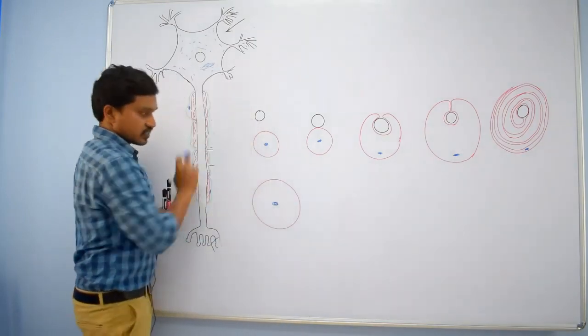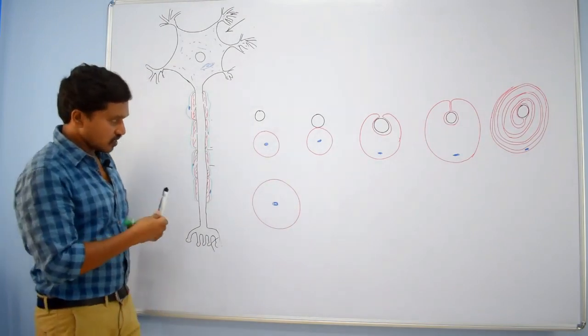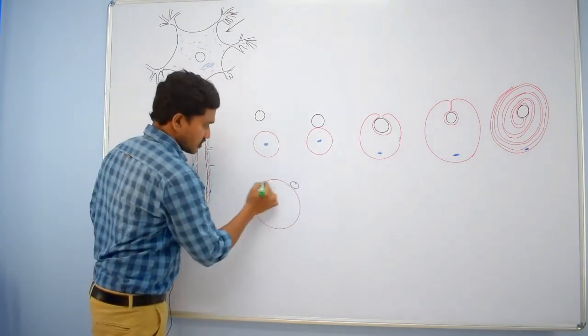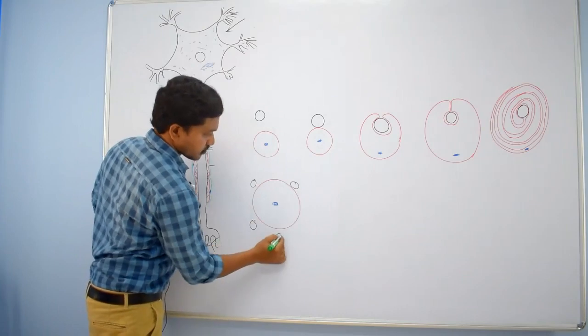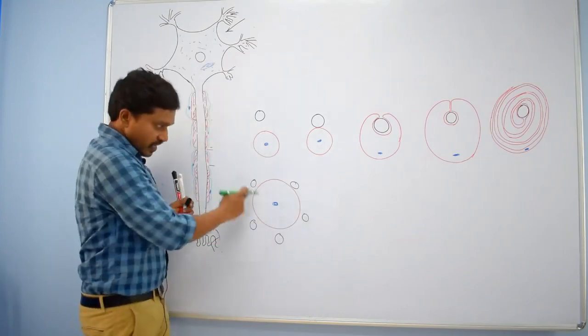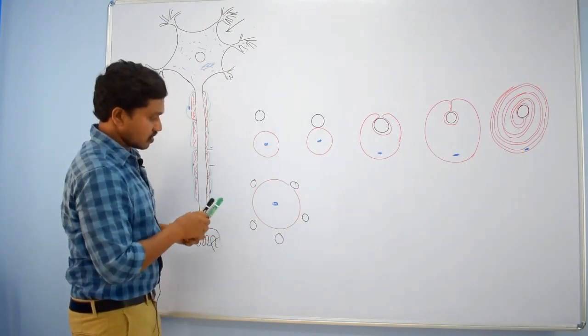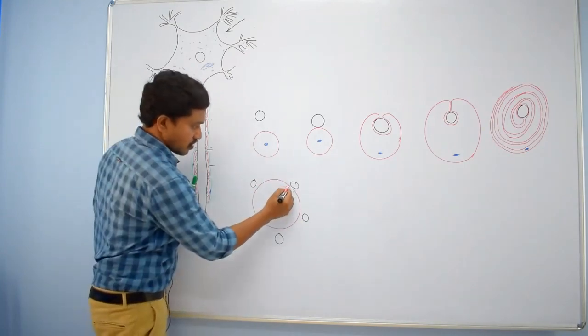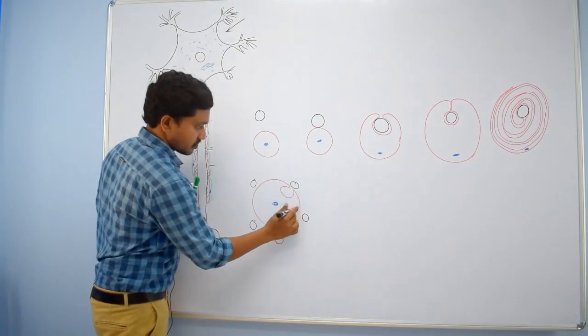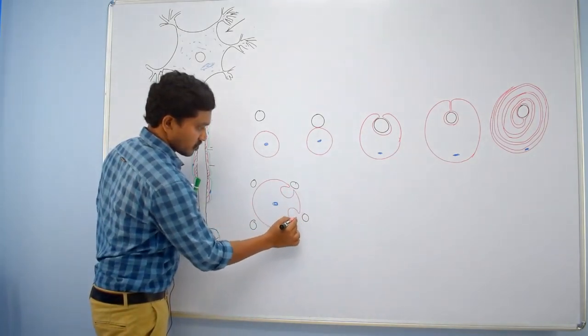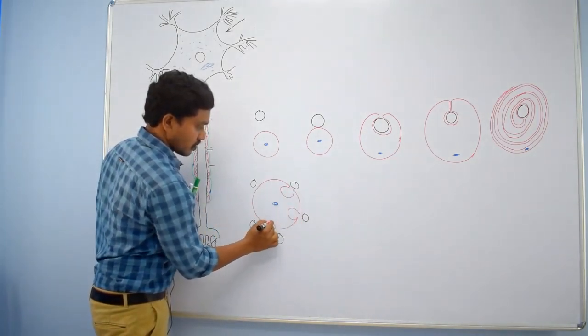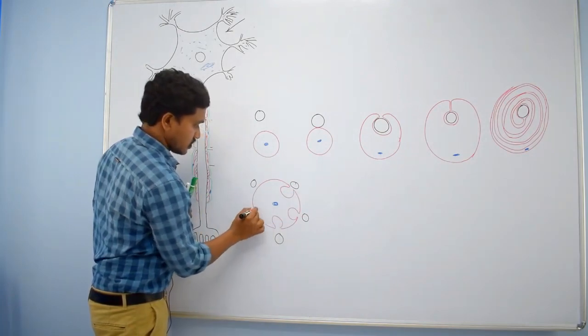Here only one axon, but here many axons invaginated into the squamous cell, like this.